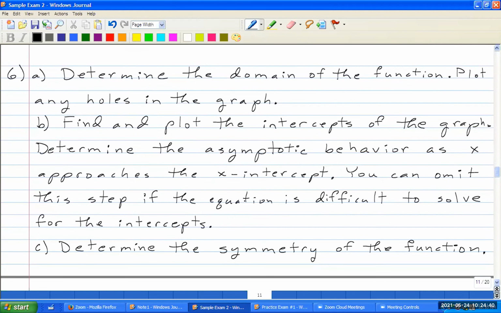Okay, so problem number 6. Determine the domain of the function. Plot any holes in the graph. Find and plot the intercepts of the graph.